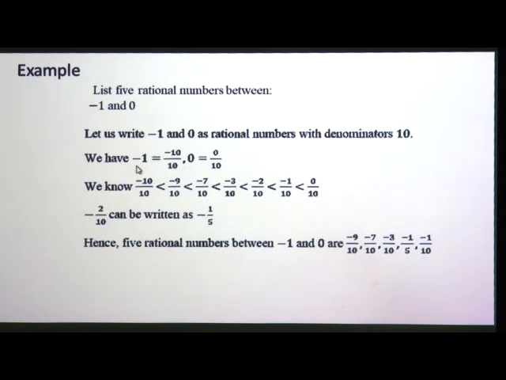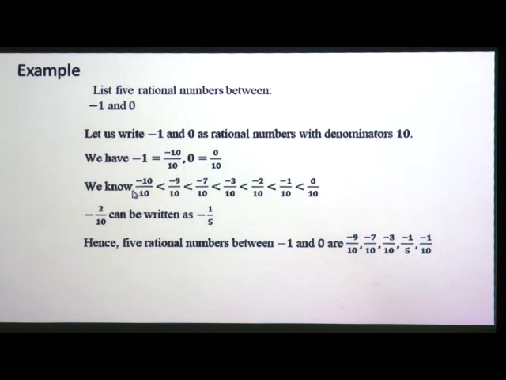We have -1 equal to -10 upon 10, which is nothing but -1 when you reduce it, as 10 ones are in the numerator and the denominator. And we represent 0 as 0 upon 10.